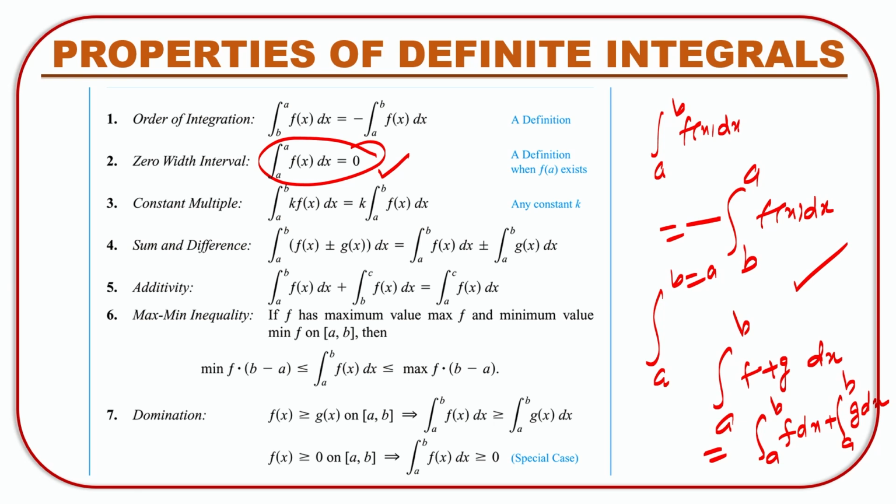And again, the additivity, look at the fifth property. This is a good one, and this is a very applied part of the integral properties. We use this frequently. What it says is that if you want to calculate from a to c, and there is a point b here, then you can calculate from a to b and then b to c.